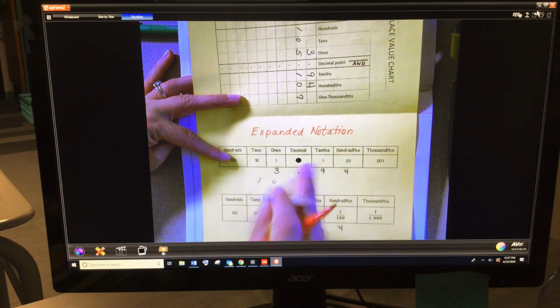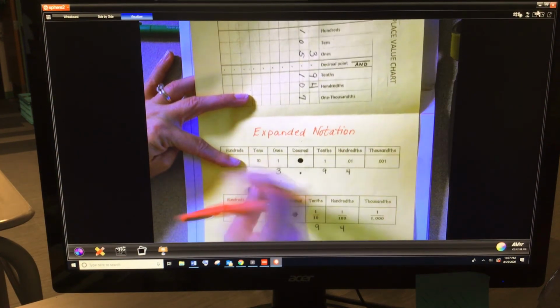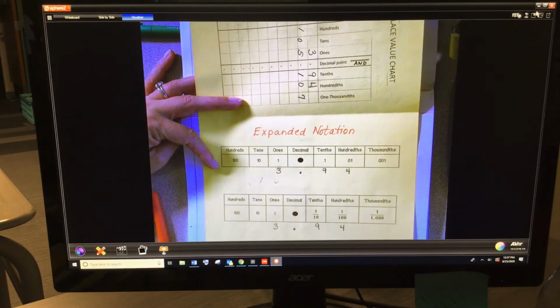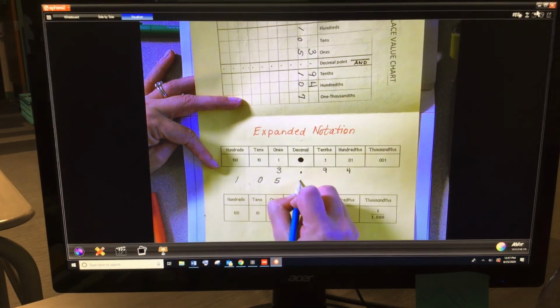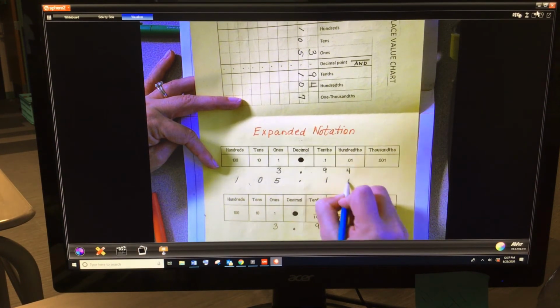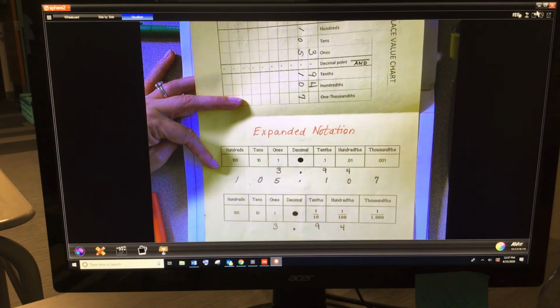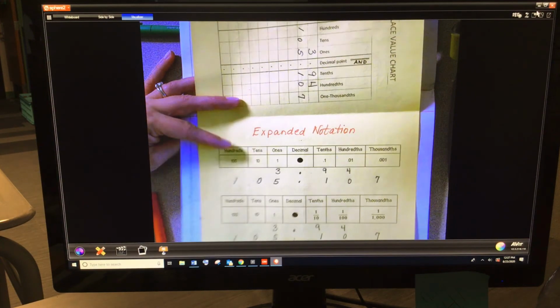Excuse me, I did that wrong. Getting ahead of myself here. So 105.007. I'm going to do it underneath now. Second one, 105.007.